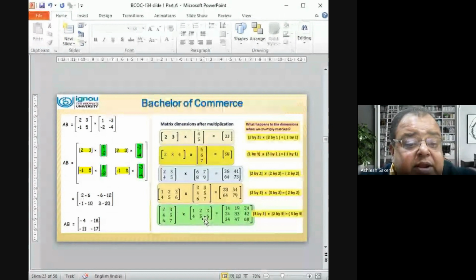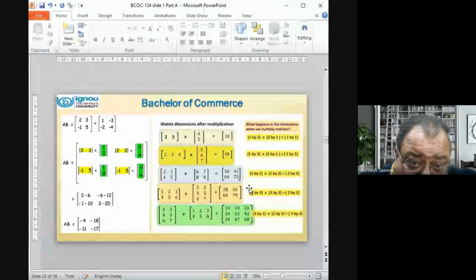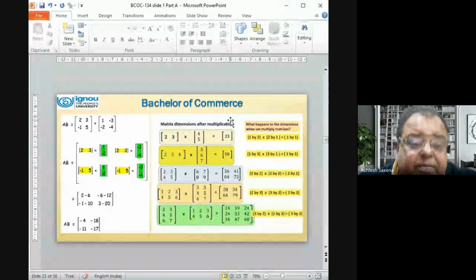The most important part is to understand the line. How to calculate that. If a 2 by 2 matrix is multiplied by a 2 by 2 matrix, it will be a 2 by 2 matrix.